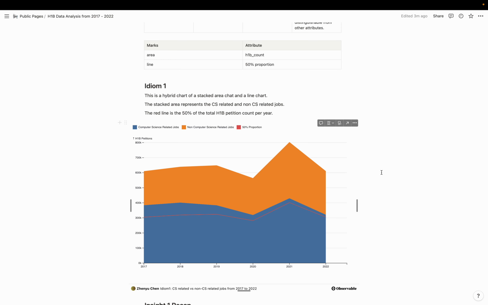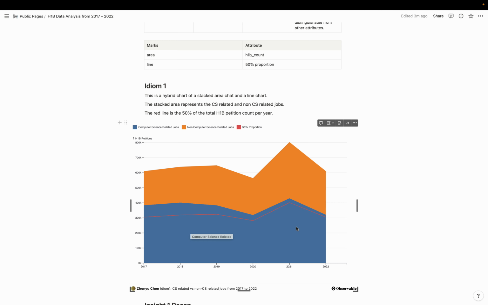So from this idiom, I can say that in the last 6 years, computer science related jobs is always the major H1B petition, and it's always over half of the total H1B petitions based on this red line.